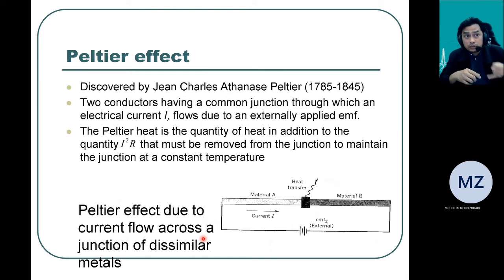The same element can also be used for a refrigerator, because not only does it release heat, it can also absorb heat, since it tries to make sure the two materials reach the same temperature. Either it releases energy or it absorbs energy.